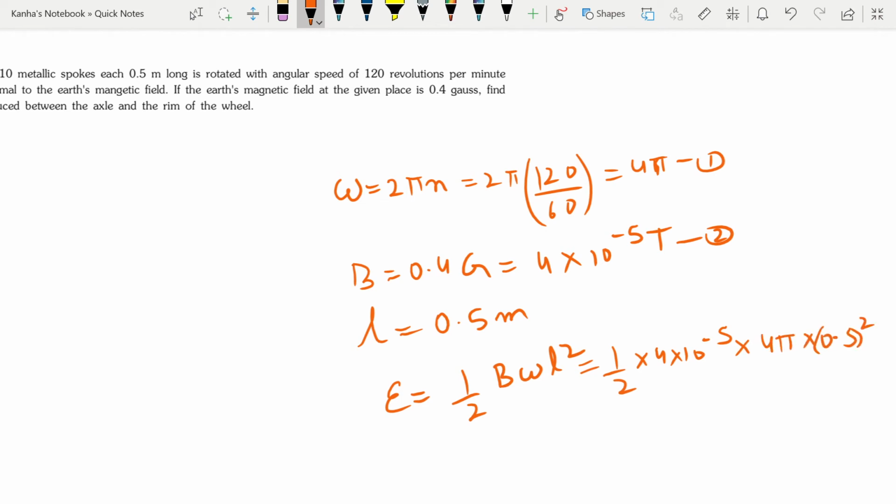This reduces my equation down to EMF is equal to 6.28 into 10 raised to the power minus 5 volts. Now as all the 10 spokes are connected with their one end at the axle and the other end at the rim, they are connected in parallel, hence the EMF across each spoke is the same. So the number of spokes is immaterial in the question.